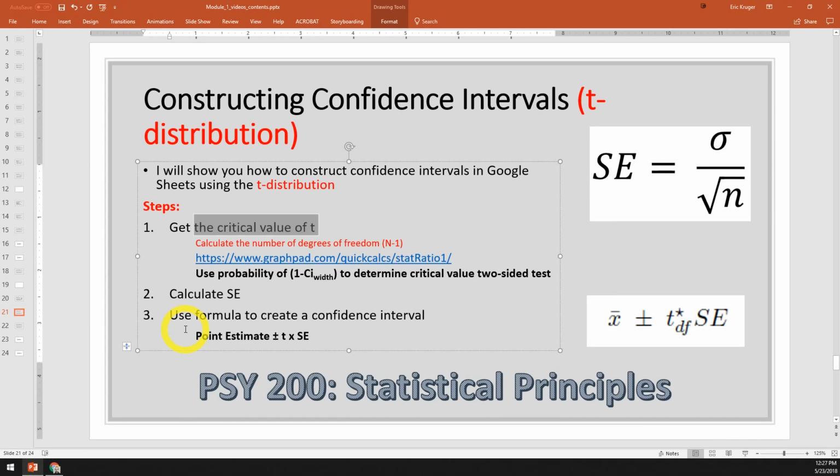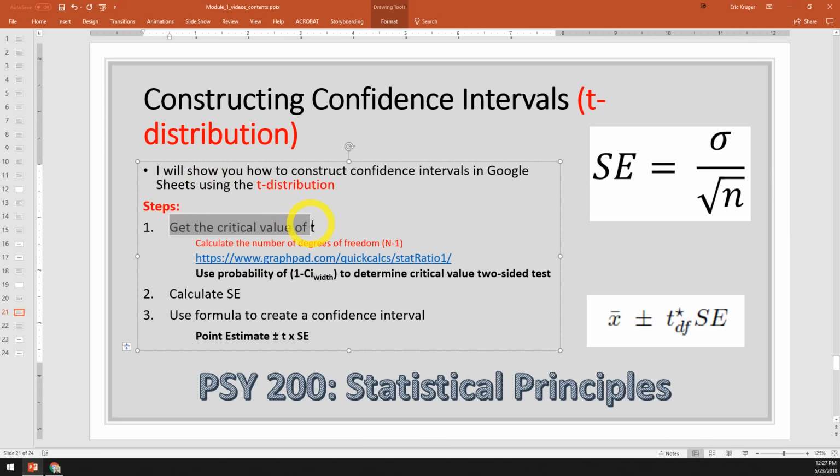So we're going to want to account for that using the T-distribution. And so if you ever hear the word t-test, that is a test that's using the T-distribution. And it's actually a very common test, especially in psychology, where we have a lot of experiments that have smaller sample sizes. So let's go over the steps.